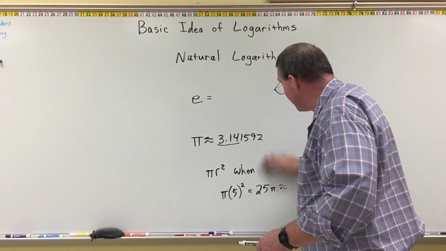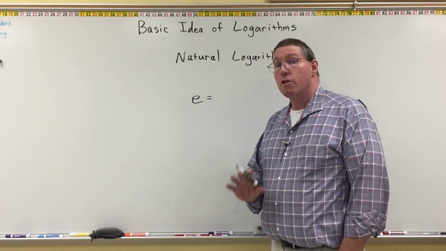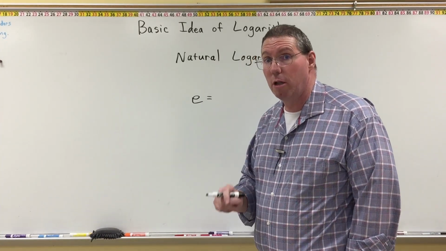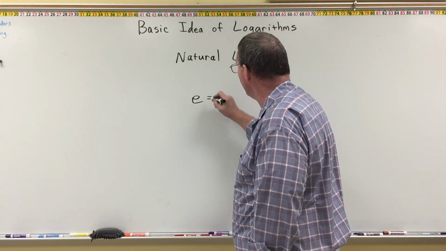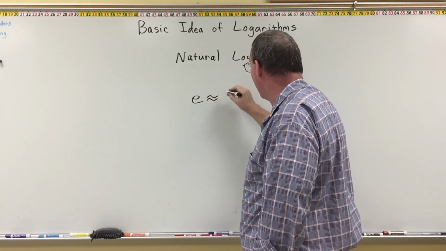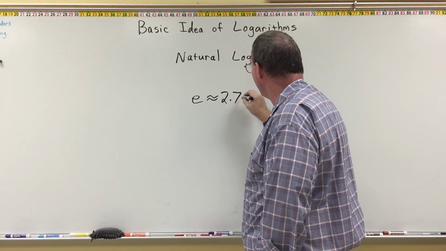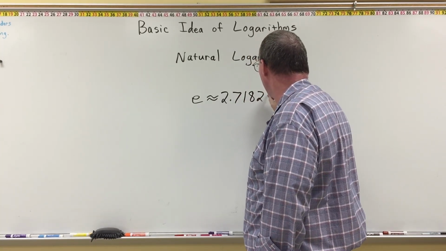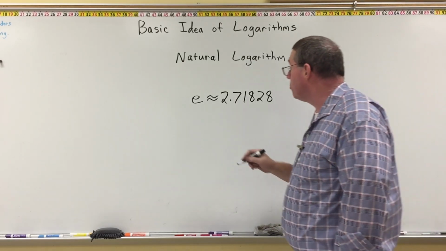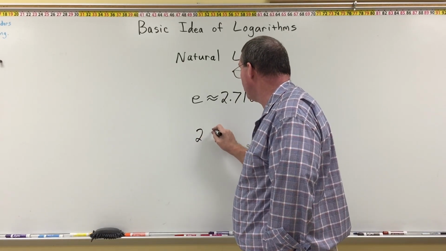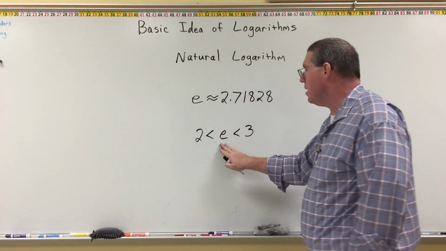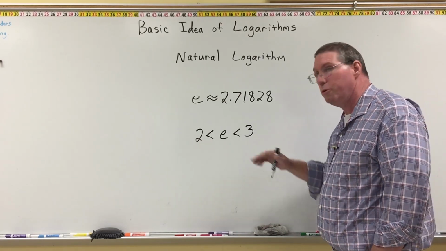Well, e is the exact same way. So the letter e is used to represent a mathematical constant that is approximately equal to, just like pi, 2.71828. e is approximately equal to 2.71828, which means that 2 is less than e, and e is less than 3. e is just simply a number that's between 2 and 3.